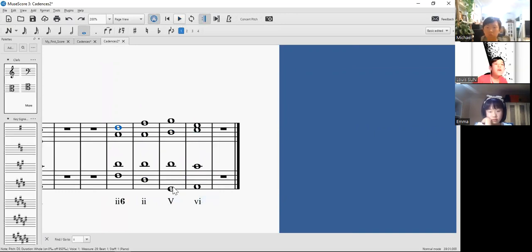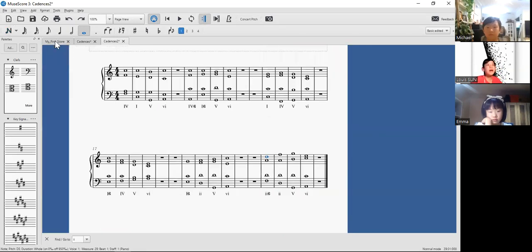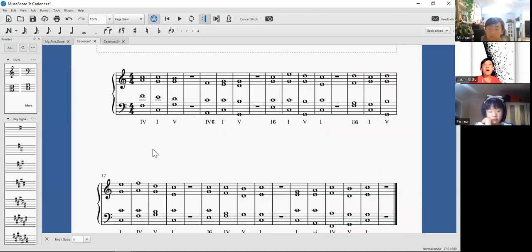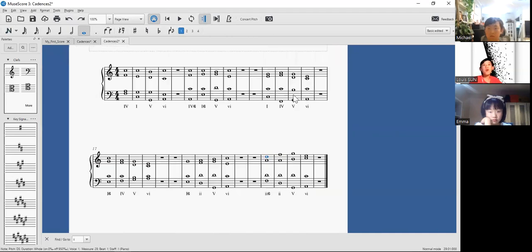Okay, so today, quick recap, you learnt how to proceed a 1 to 5 imperfect cadence, a 4 to 5 imperfect cadence. You did a couple of 4 chord progressions, 5 chord progressions, and mostly 4 chord progressions.